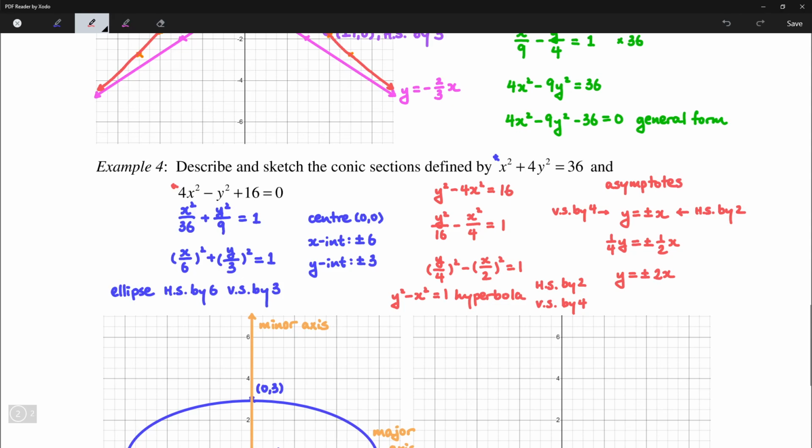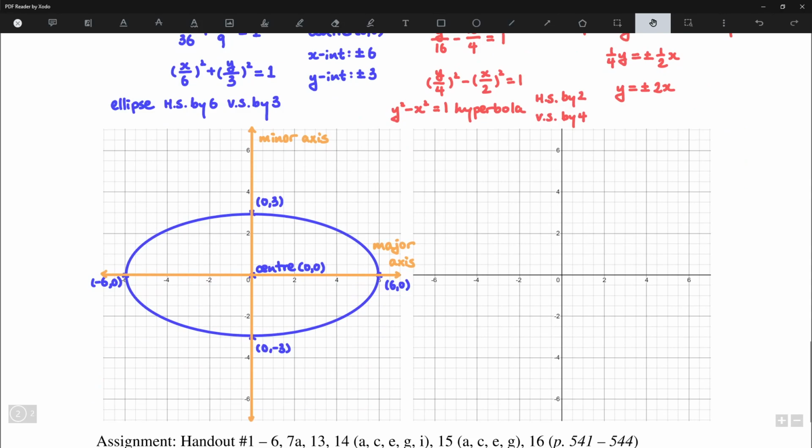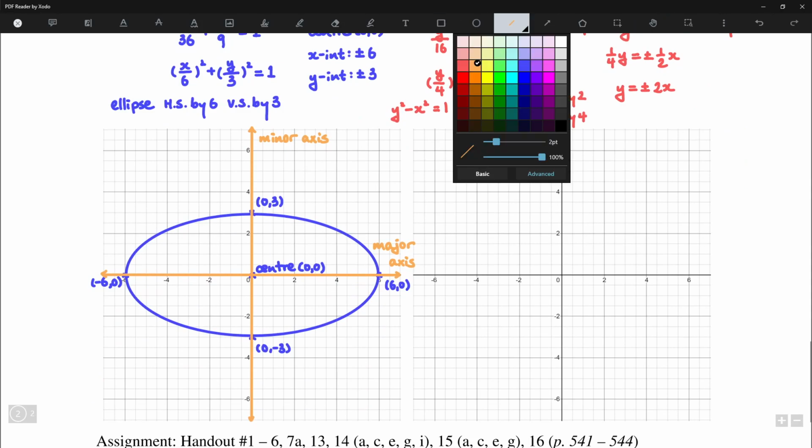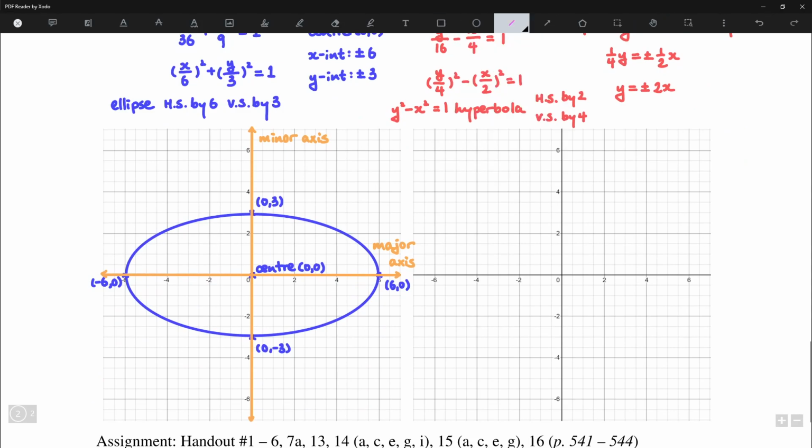Okay, let's go ahead and draw those in. Let's use this color here. That will be something like this.